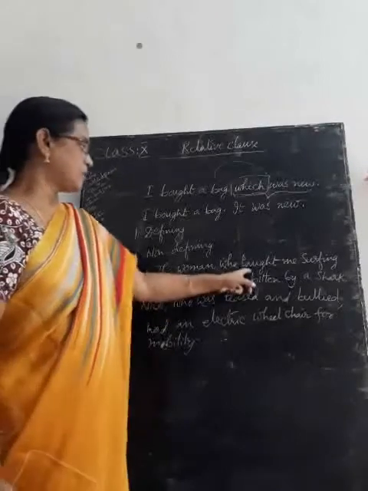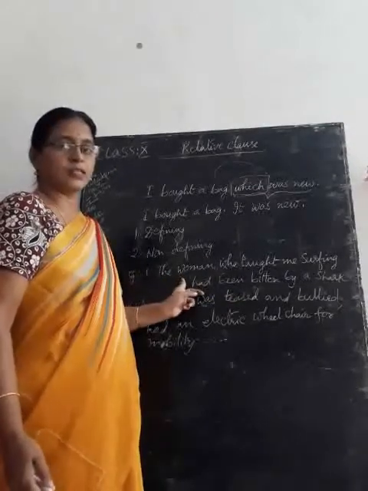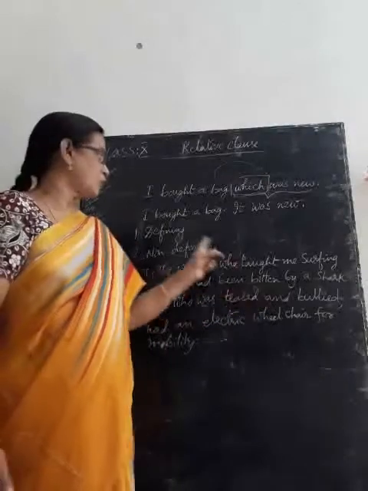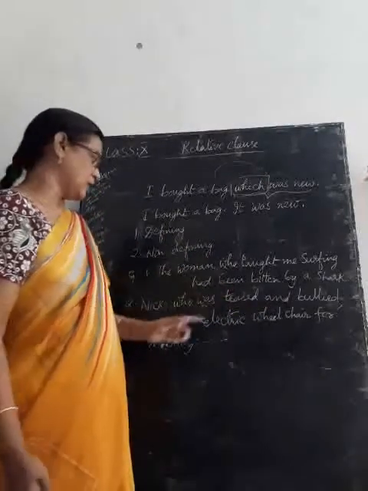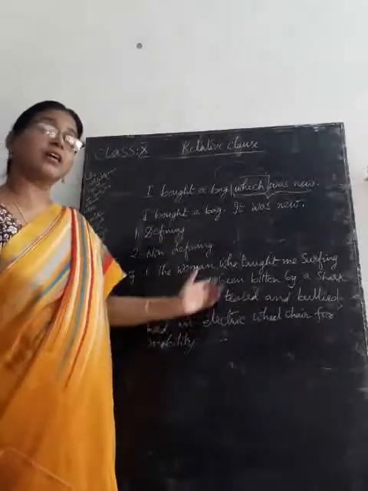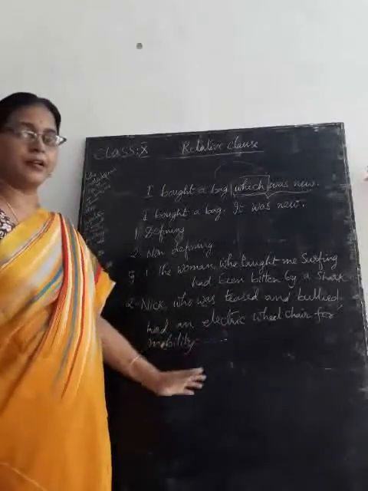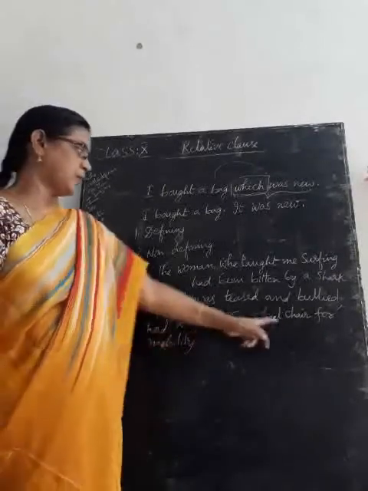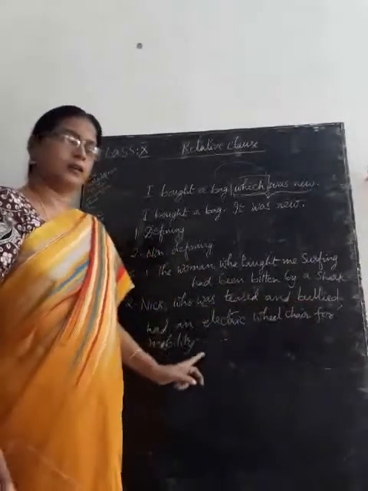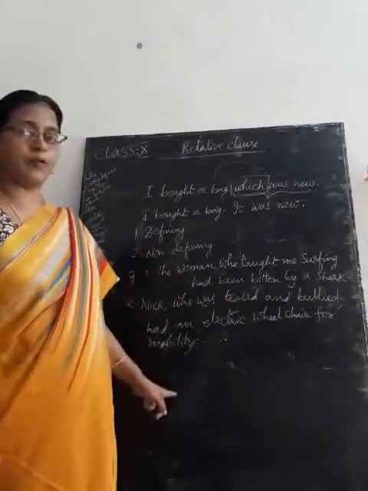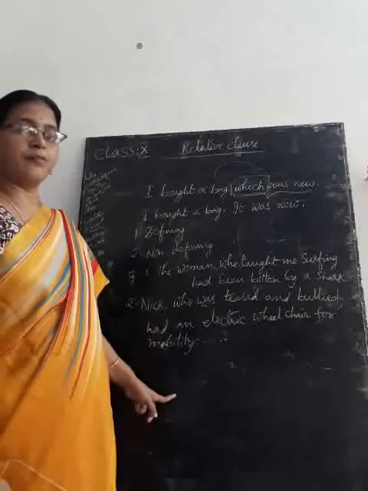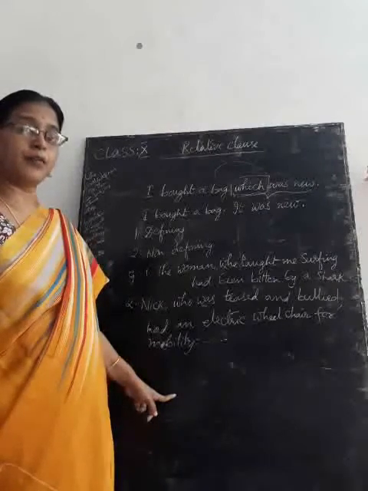Students, it describes the noun in the first sentence. It doesn't take comma. So it is defining relative clause. It takes commas, it gives extra information about the noun. Extra information is added. So commas are taken in non-defining relative clause. We can identify the defining and non-defining relative clauses in this way.